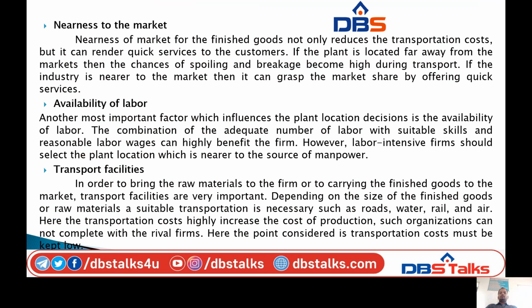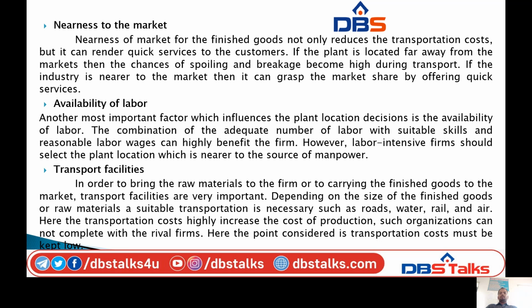Next, nearness to the market. Nearness to the market means that after getting the finished components, they have to reach the customers directly, which reduces the transportation cost and lets the firm render quick services to the customer.